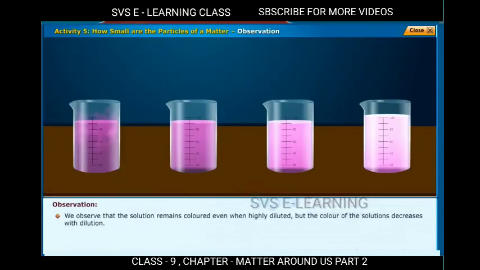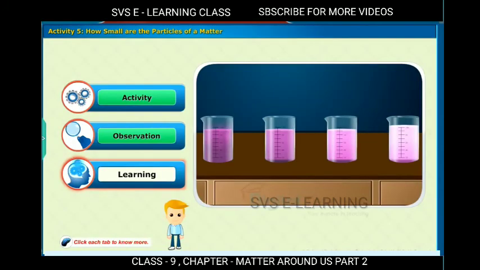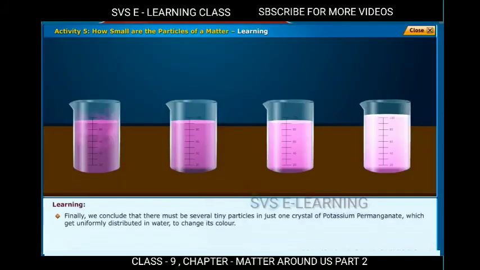We observe that the solution remains colored even when highly diluted, but the color of the solution decreases with dilution. Finally, we conclude that there must be several tiny particles in just one crystal of potassium permanganate which get uniformly distributed in water to change its color.